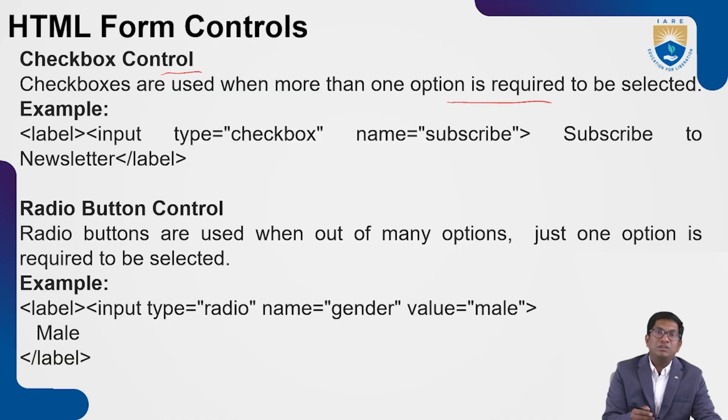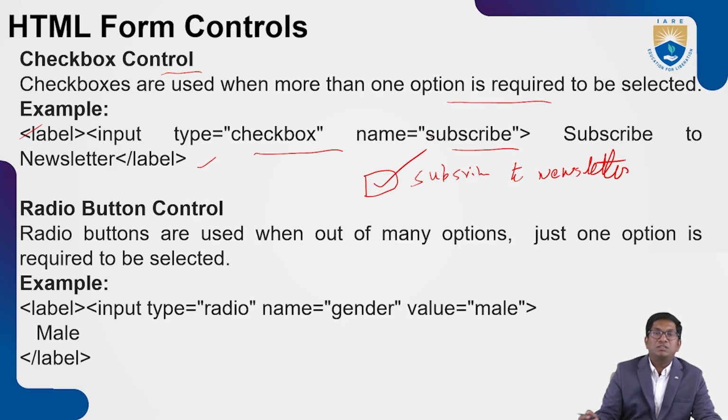You have to use input as the element, and type is equal to checkbox, name is equal to subscribe. Subscribe to newsletter: there is a label element given in between. It simply shows a checkbox here, and here it specifies subscribe to newsletter.